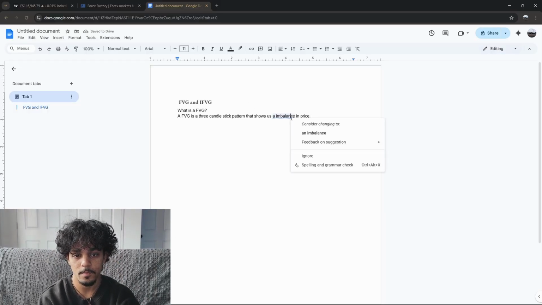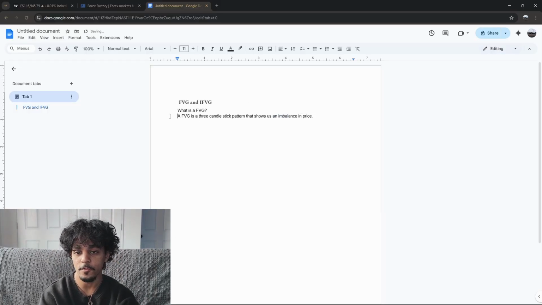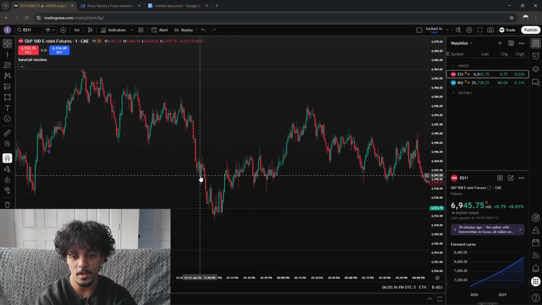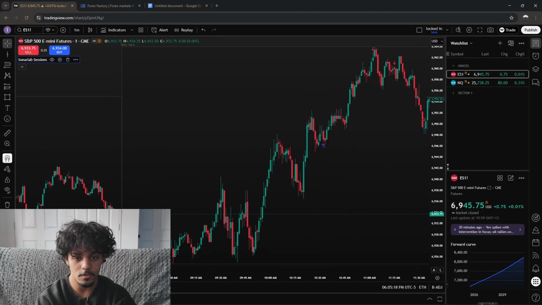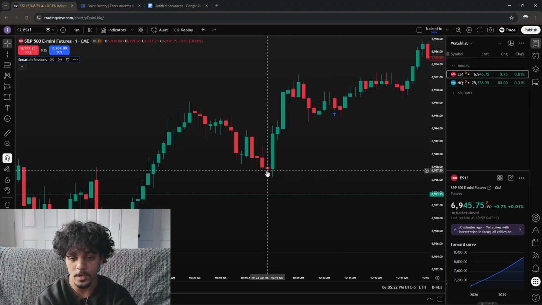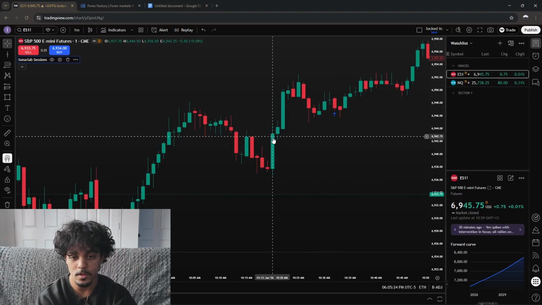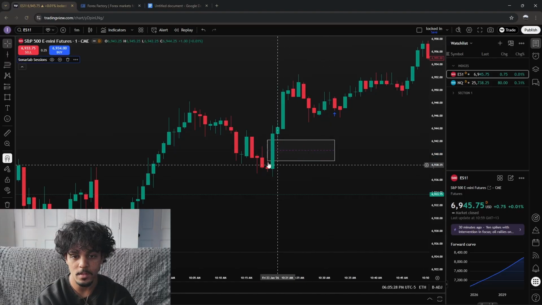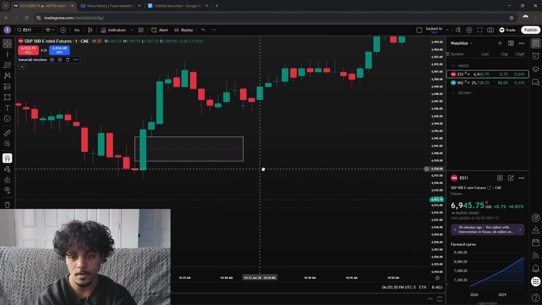So, a fair value gap is a 3 candlestick pattern that shows us an imbalance in price. We're going to have an example to look at in the chart right here. We have one candle here, one candle here, and a candle in the middle. That is a fair value gap.